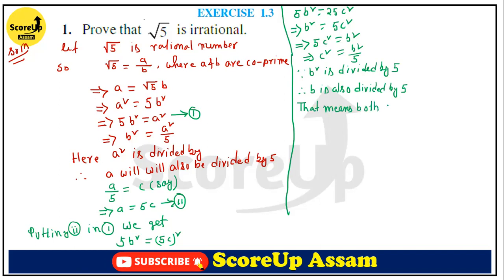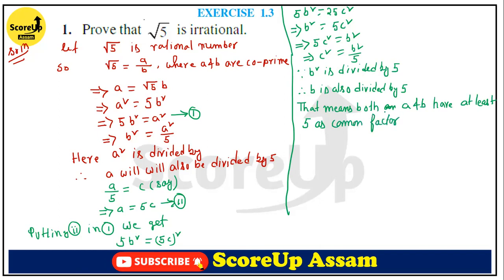So that means both a and b have at least 5 as a common factor.